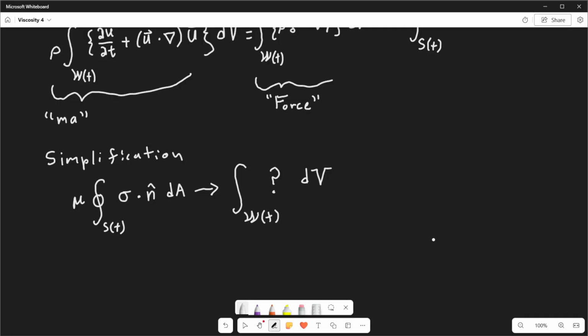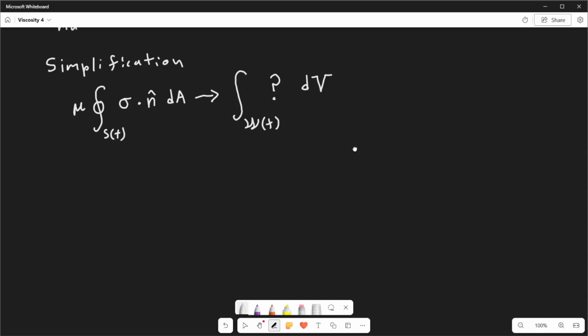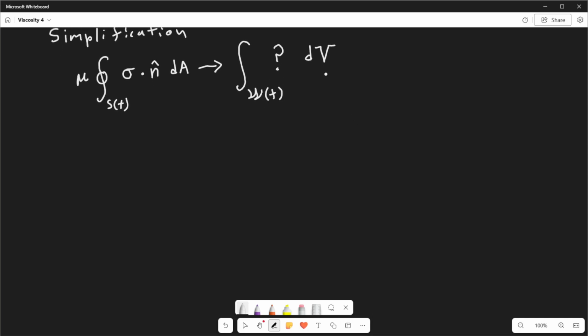The way to do that is to use Gauss's law.